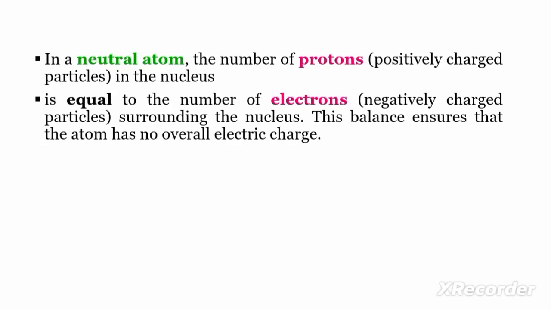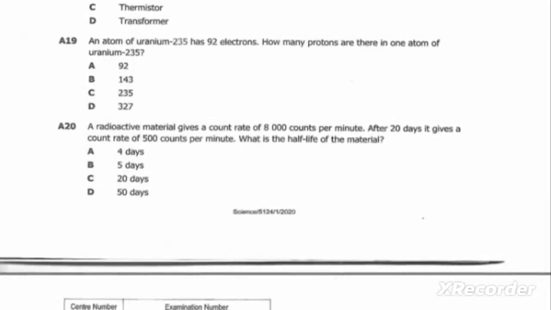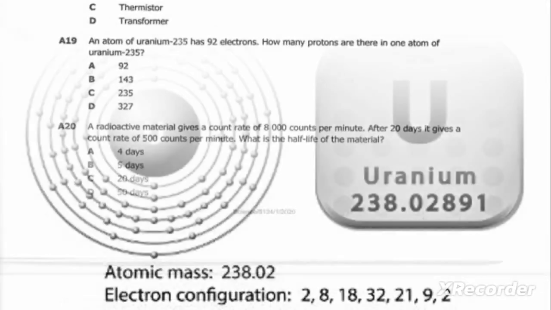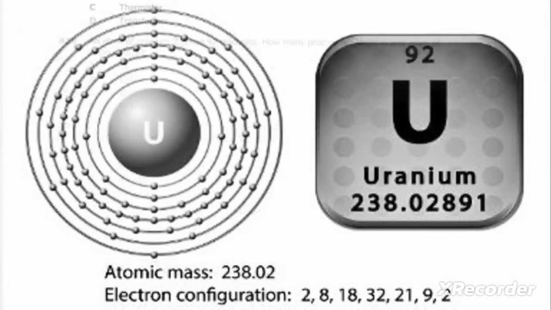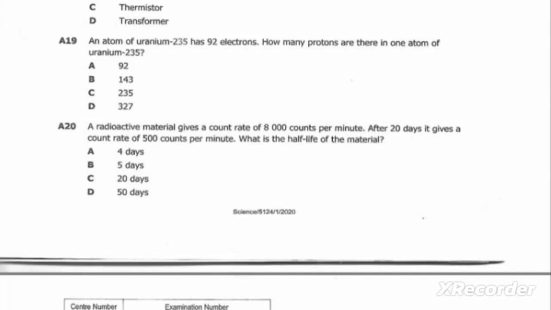So since uranium is neutral, the number of electrons is equal to number of protons. So therefore, since we have 92 electrons here, we also have 92 protons. So therefore, our correct answer is A.